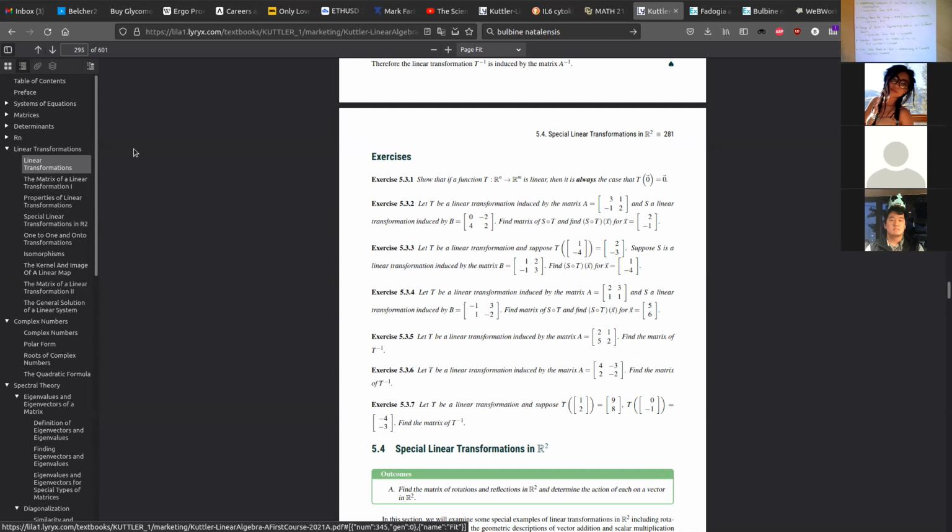So some examples here from our properties of linear transformations. If a function is linear, then it is always the case that T of 0 equals 0. So we know that as a property. Being able to demonstrate that, I don't know if I'll put something like that on the exam. We'll see. It's an easy demonstration, and it's actually in the book. It'll come up later if we keep scrolling.